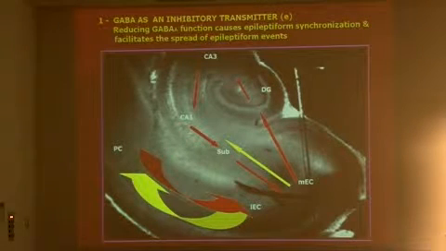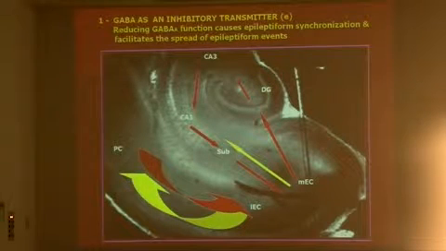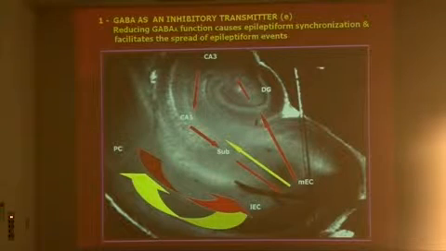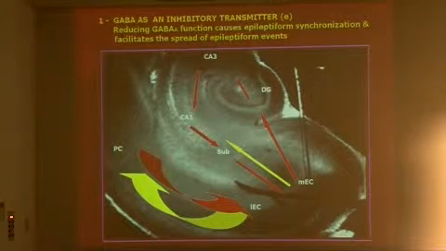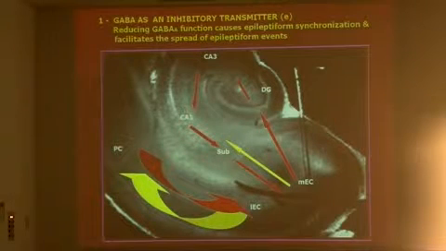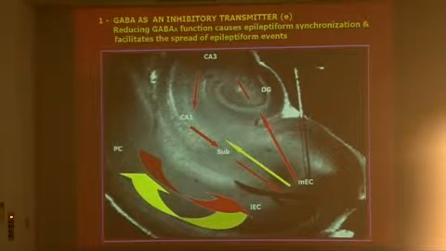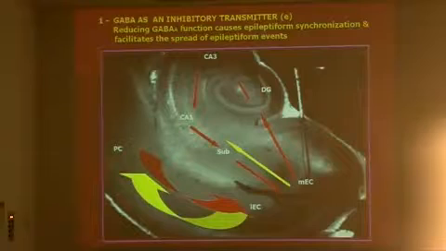Now, let's go to limbic seizures and epileptiform synchronization. And this is the typical brain slice that we use in my lab. The typical slice includes the hippocampus, the entorhinal cortex, the perirhinal cortex, sometimes the amygdala.